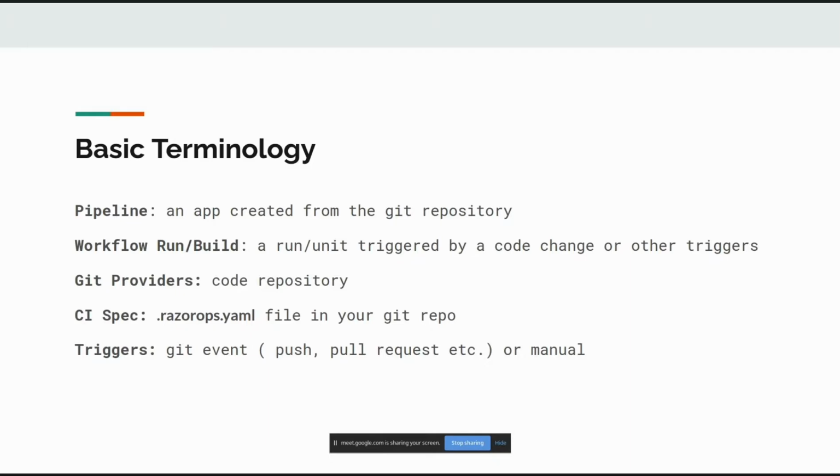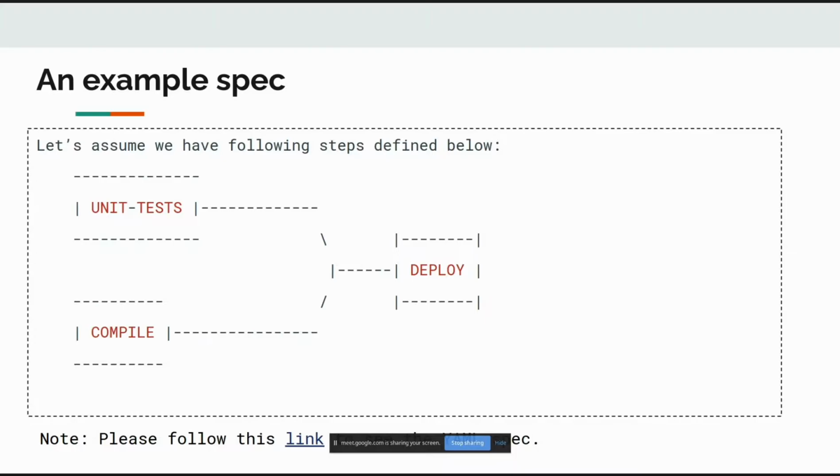Coming to the next thing: depending on your application, you might have different tasks, and you have to model those tasks in such a way that they can be finished in the shortest amount of time.